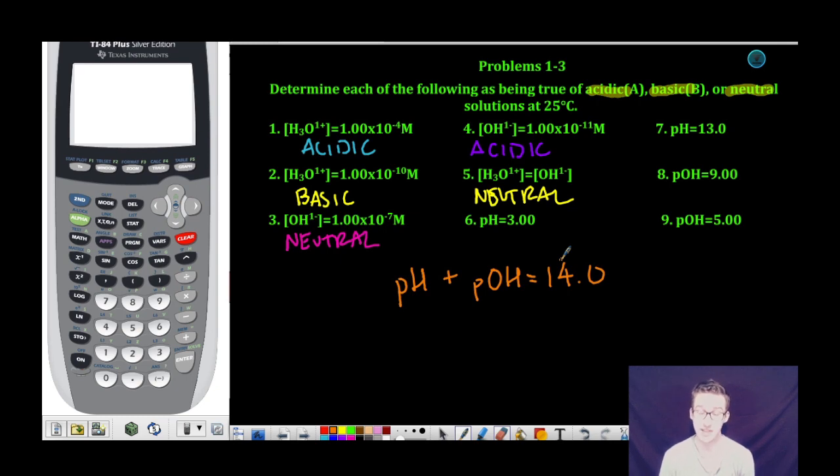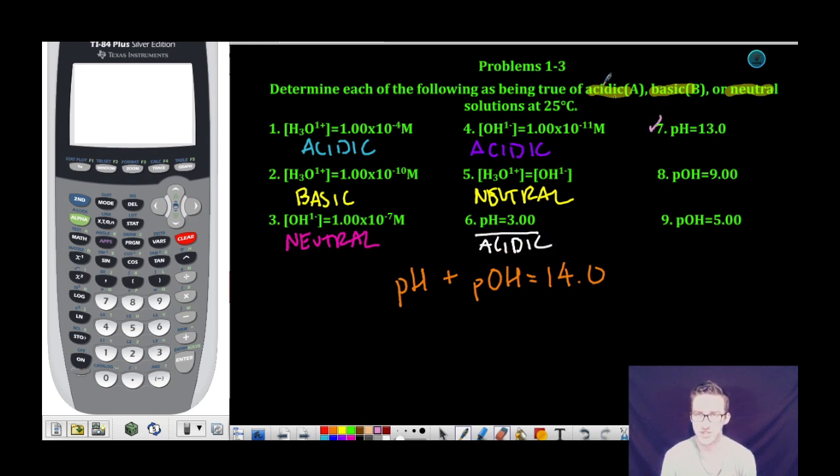And again, that comes back to the understanding of the relationship between hydronium ion and hydroxide ion concentration as described in the Kw expression. So as we take a look at question number 6, the pH is 3. Again, because 14 has got to be a constant, the pOH has got to be 11. And a pH of 3 and a pOH of 11 indicate that this is an acidic solution.